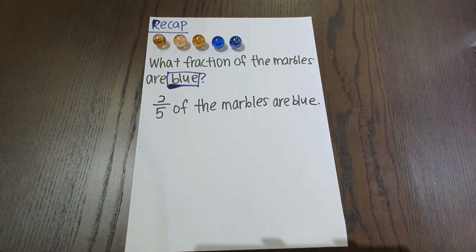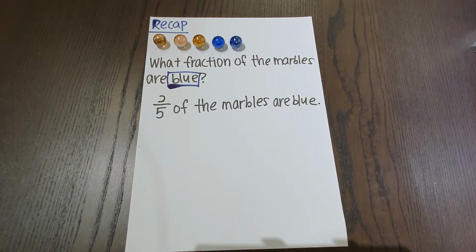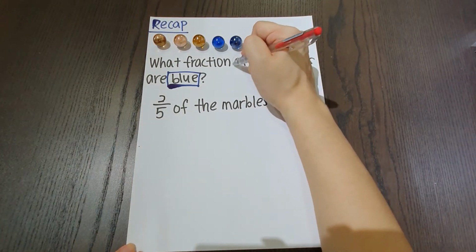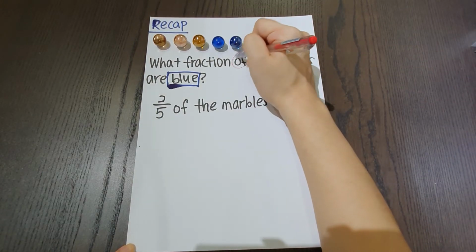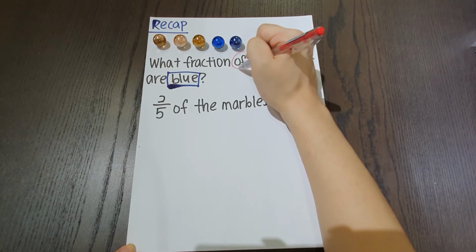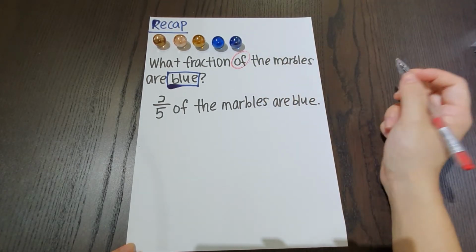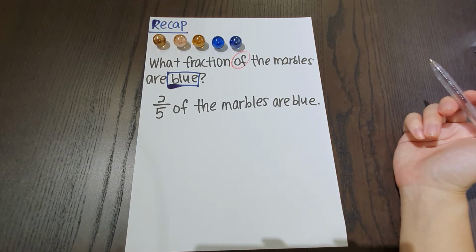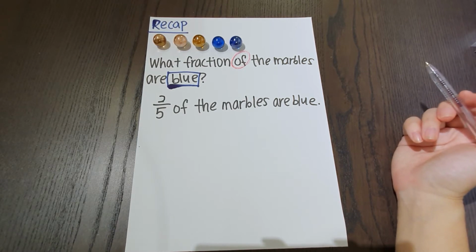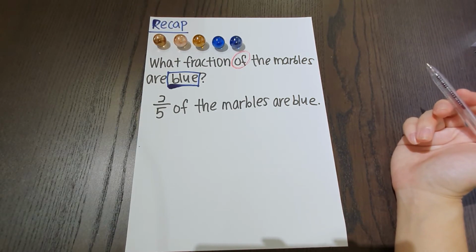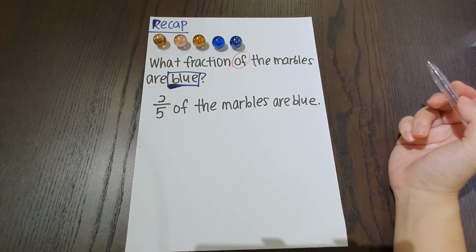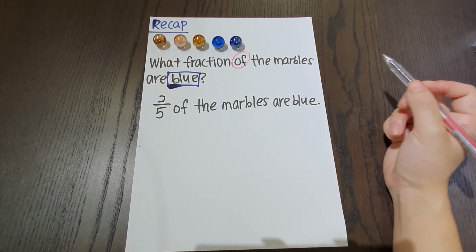Actually, simply based on the question, you would have been able to tell me what the denominator is. The key word in the question is the word "of". What do I mean by that? In order to determine what your denominator is, you simply have to look at the variable that appears right after the word "of".